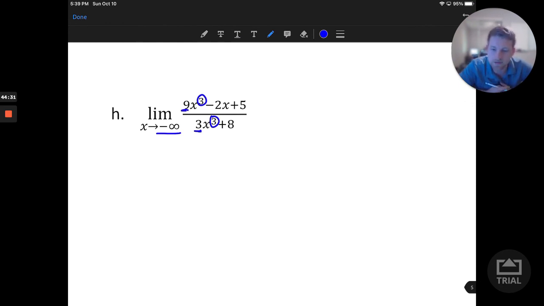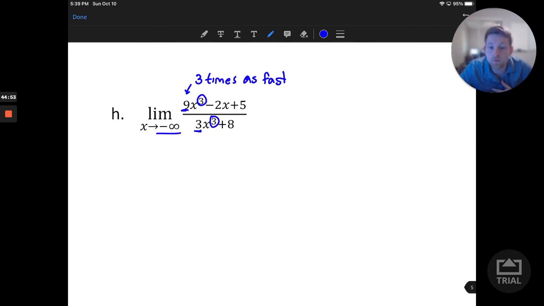One is 9 and one is 3. So we can think in these terms that the numerator is growing 3 times as fast as the denominator, because 3 times 3 is going to give you the 9.